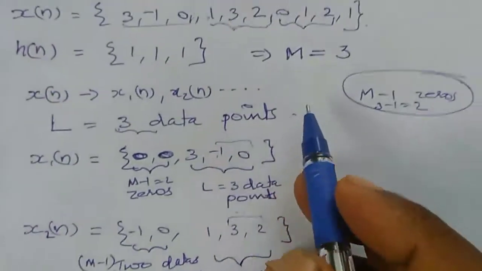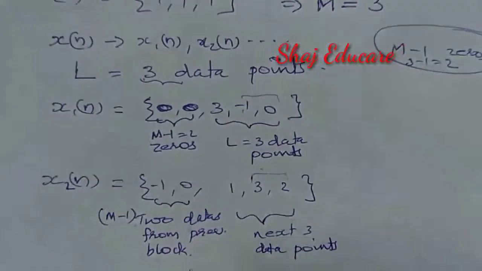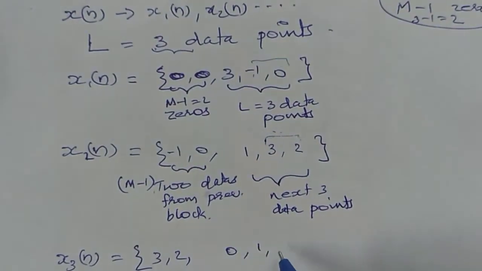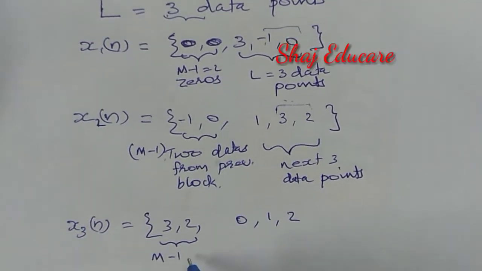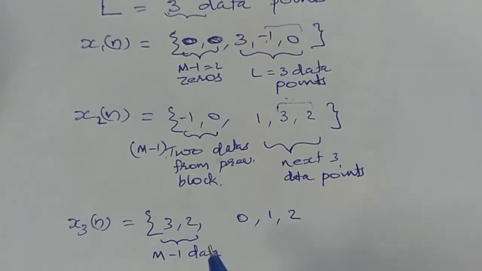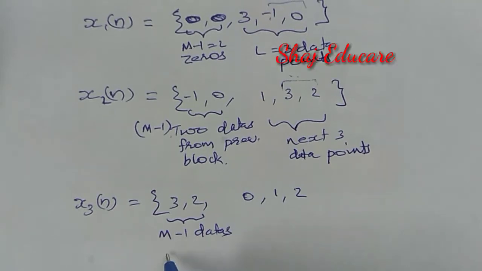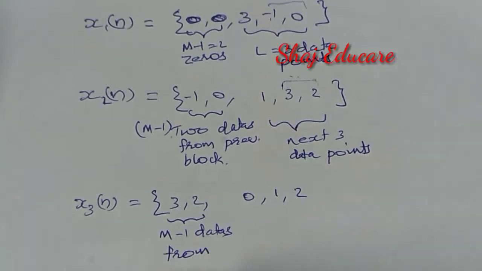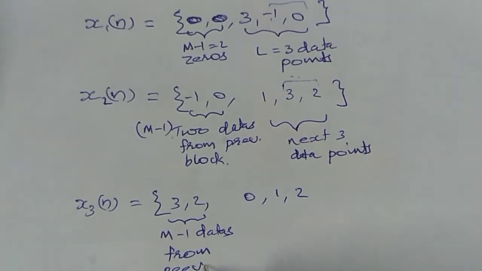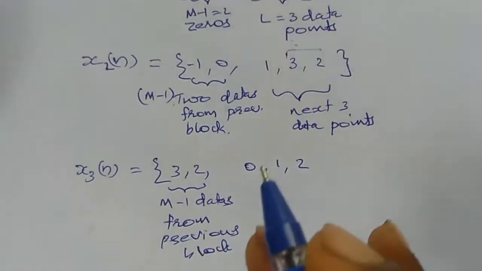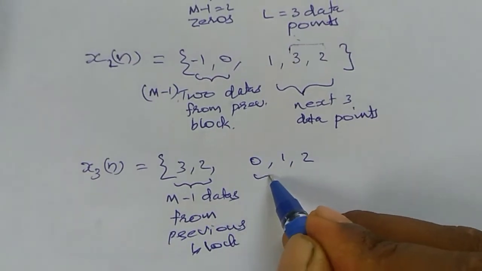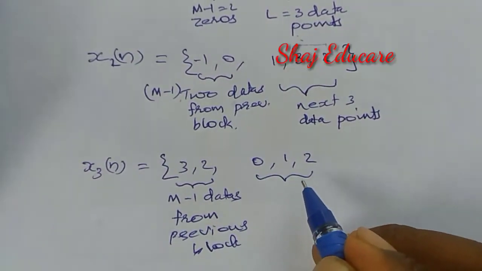These are 0, 1, 2. These are the m minus 1 data from the previous block, and these are 3 new data points.